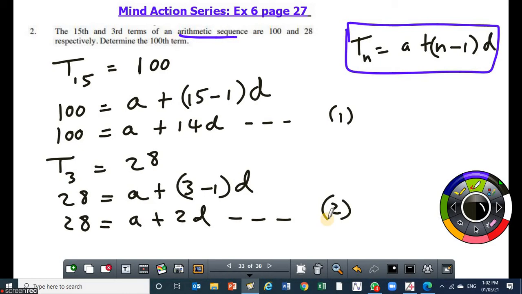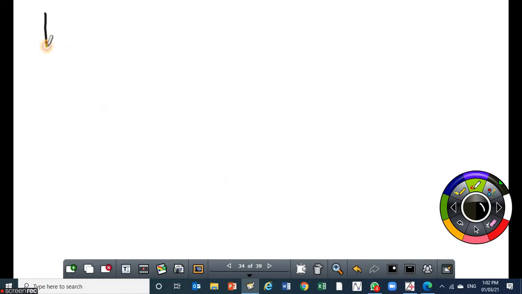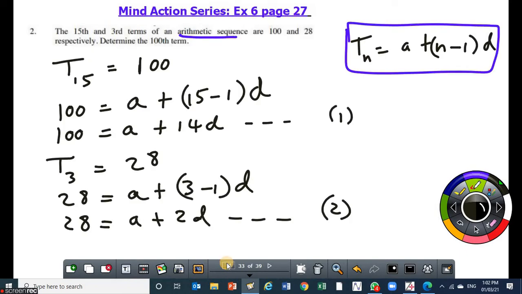On the next page, in equation 1, if I want to make A the subject, I take the 14D to the left. So I'll be left with A only on the right.